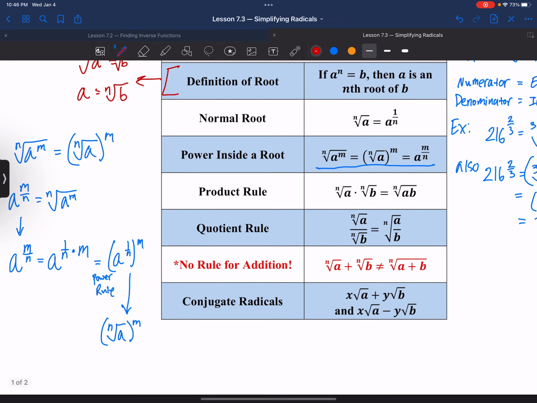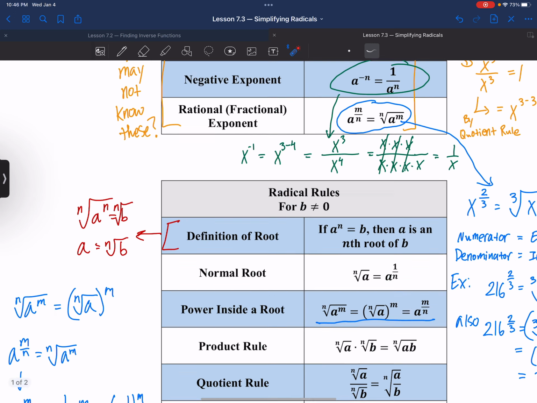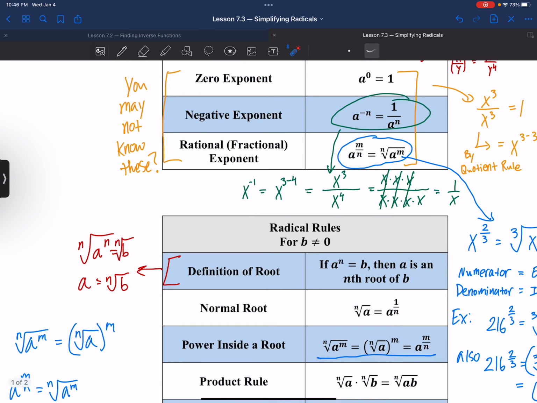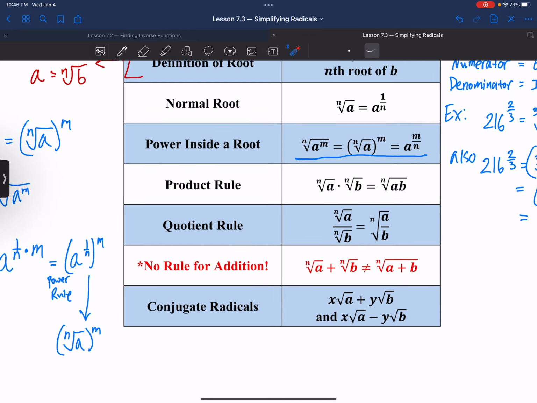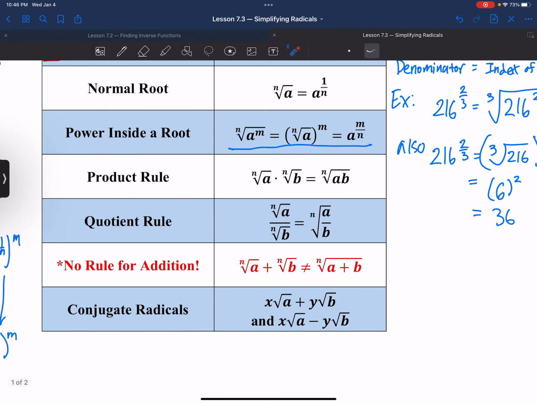Product rule and quotient rule. These fellas, well, those are the exact same product and quotient rules here. Okay? They really aren't any different. I mean, I guess they are different because you're not subtracting anything. Maybe I should be careful because it's a different kind of product rule.